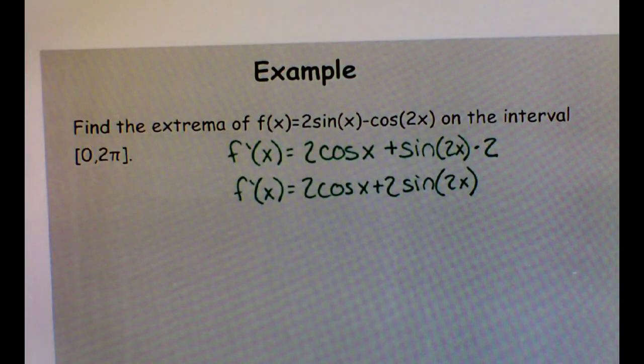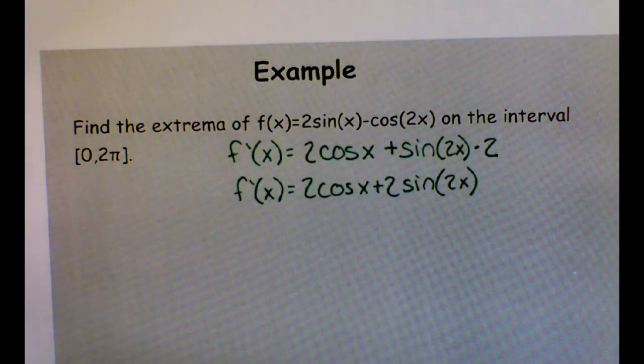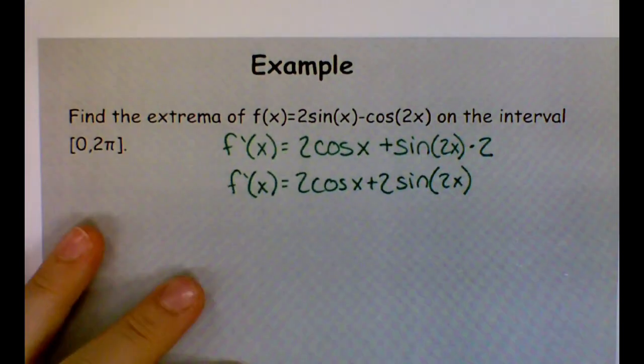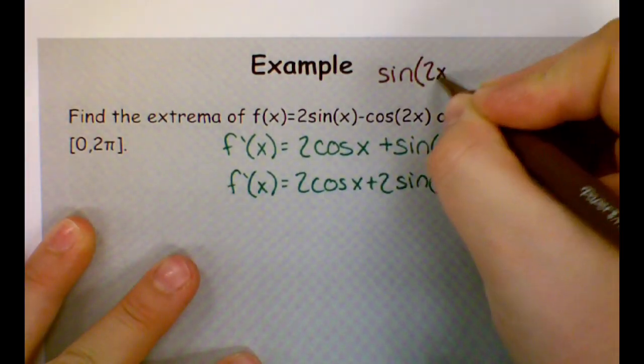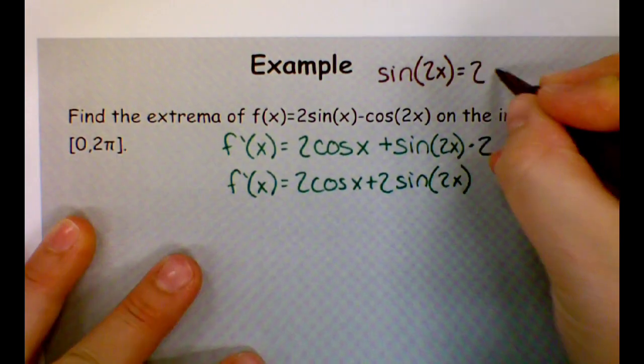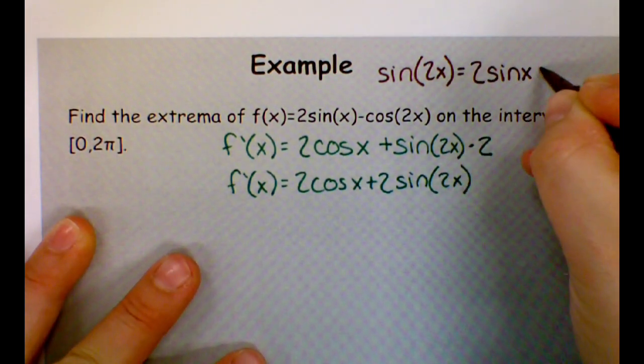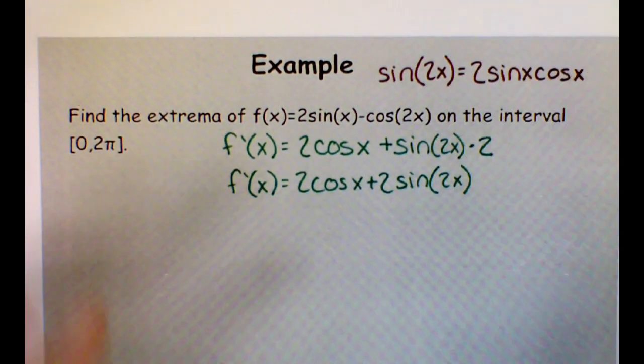Now here's where it gets wonky. We could guess and check, I guess, or we can think way, way back to trig identities. And remember that the sine of 2x is equal to 2 sine x cosine x.